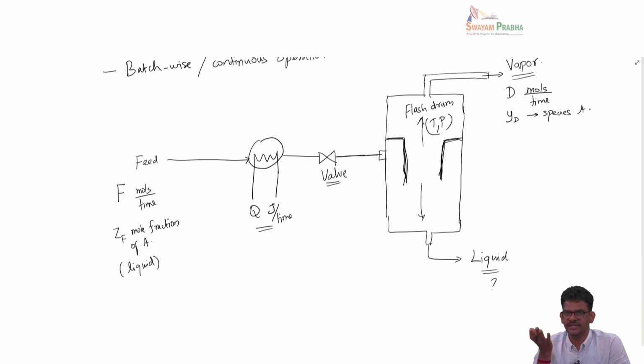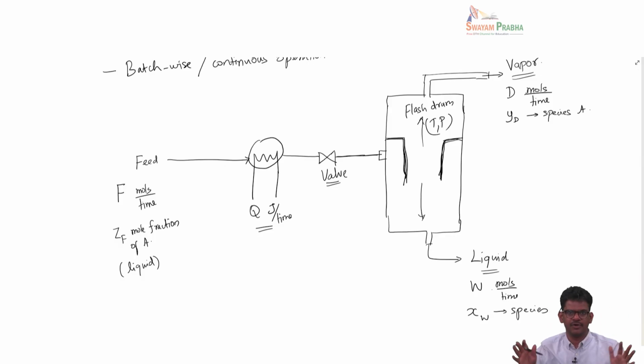The remaining, 1 minus YD, would be component B. Similarly, for the liquid, we will say W moles per time with the composition of XW. This also corresponds to species A.